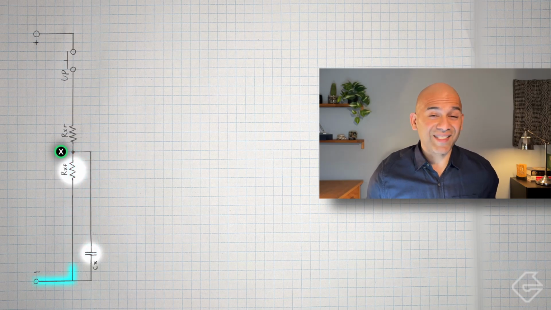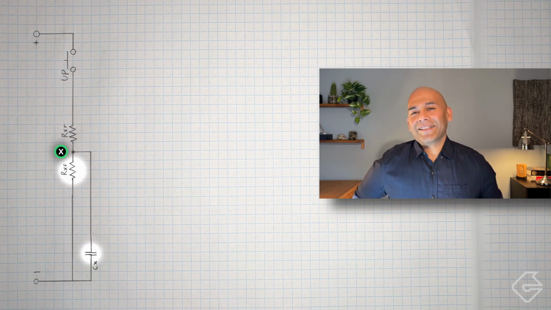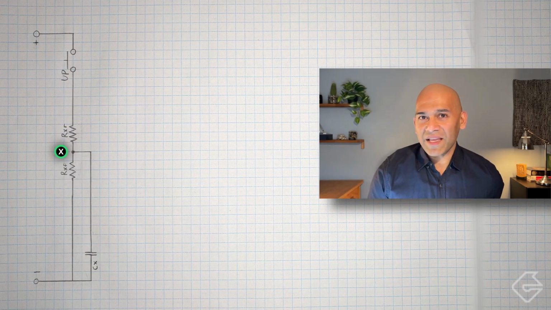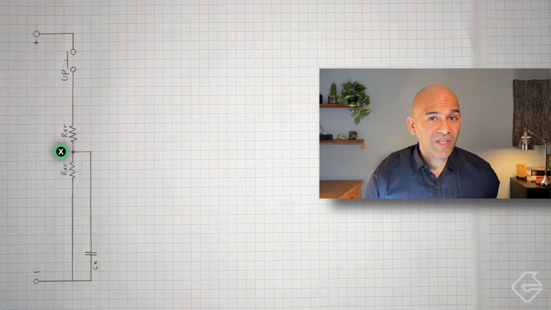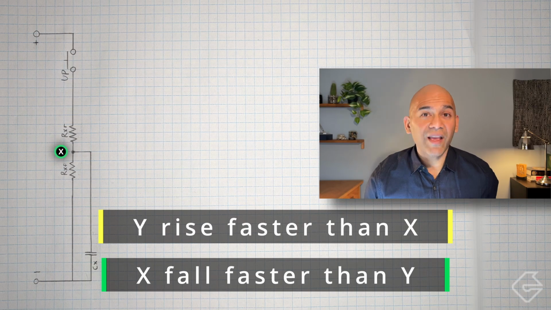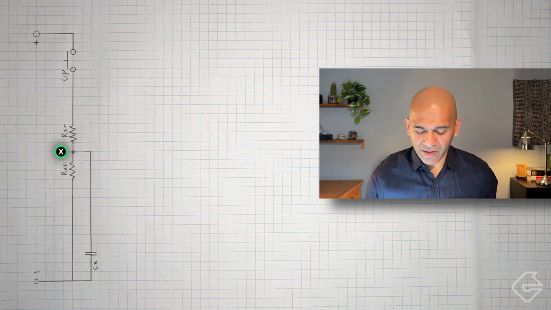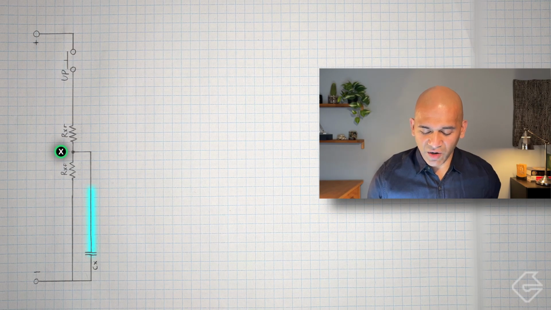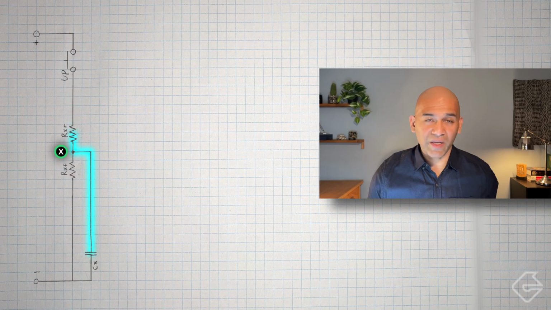Based on the different sizes of those resistors, we can control the rate at which this happens. Now, what we know based on our earlier statement is that point X needs to fall fast and rise slow. Right? That means that the speed of charges flowing this way needs to be quick, and the speed of charges flowing this way needs to be slow.